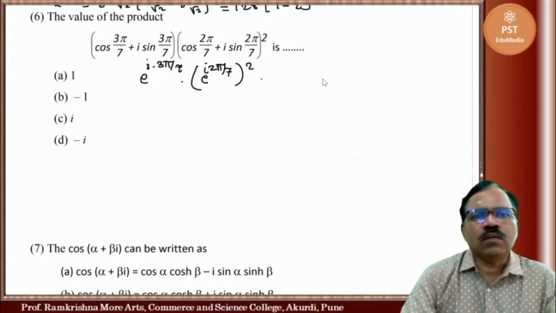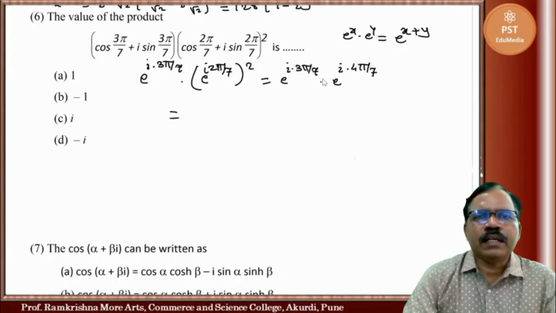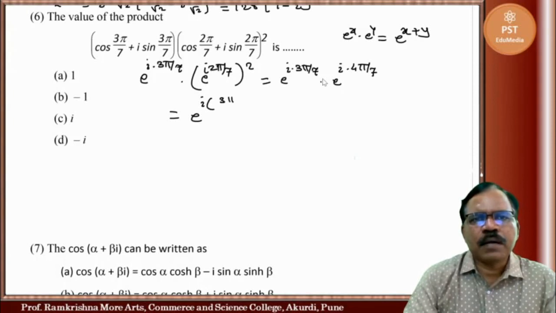So this is equal to e raised to i 3π/7 into e raised to i 4π/7, and we know e raised to x into e raised to y is e raised to x plus y. So we get e raised to i (3π/7 + 4π/7).